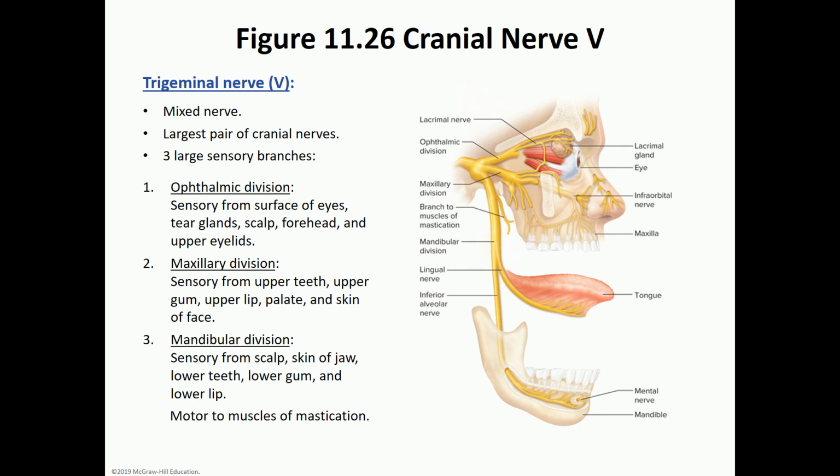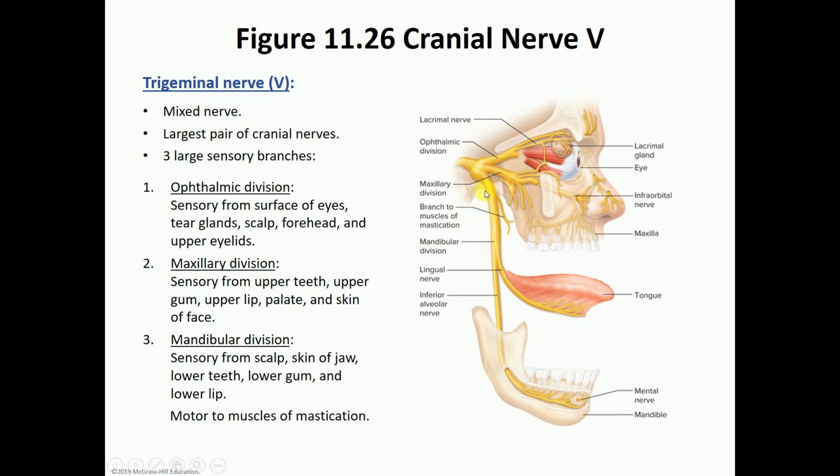So the upper part of the forehead, the frontal part of the forehead, the part that's right above and around the eyebrows, the upper part of the nose. It'll also even carry sensory information from the anterior part of the scalp. It carries sensory information from the upper eyelid and the tear glands.